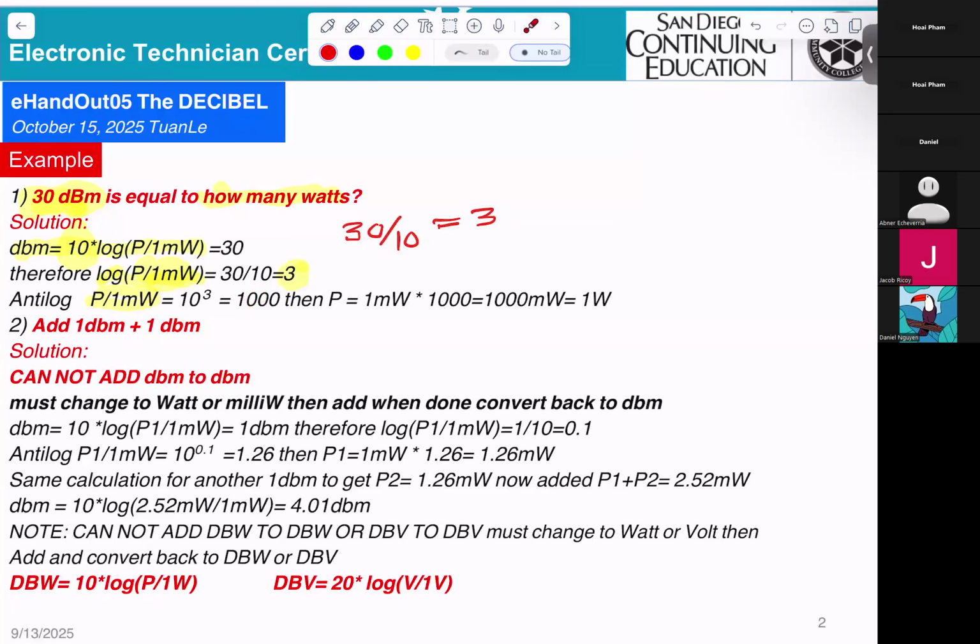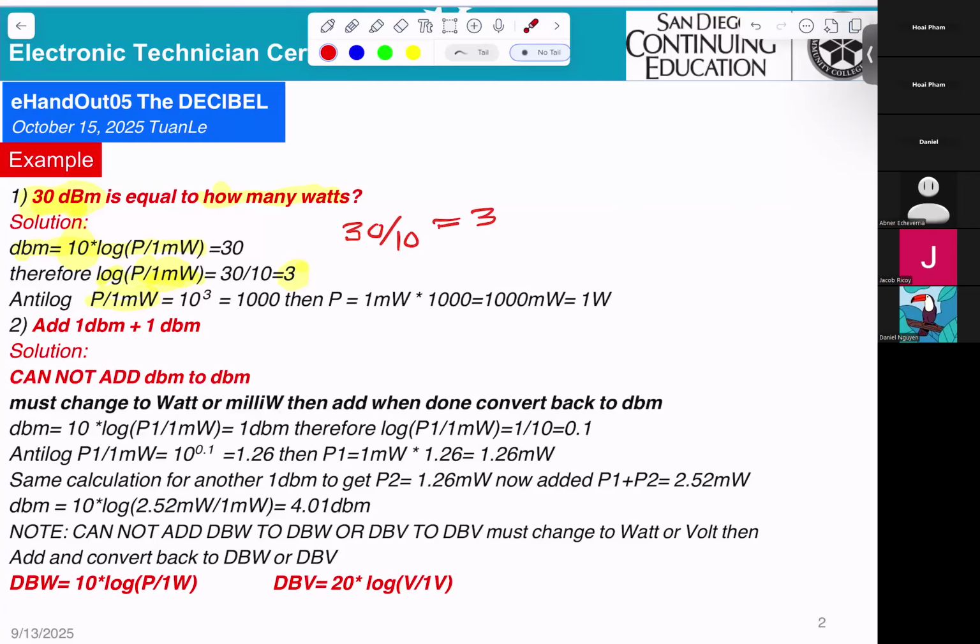That tells you P equals 1 milliwatt times 1,000. You get 1,000 milliwatts, or 1 watt. That tells you if you have dBm, you're able to convert to milliwatt, kilowatt, or megawatt.